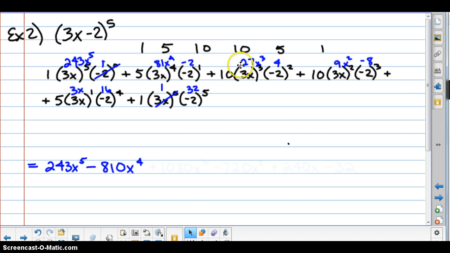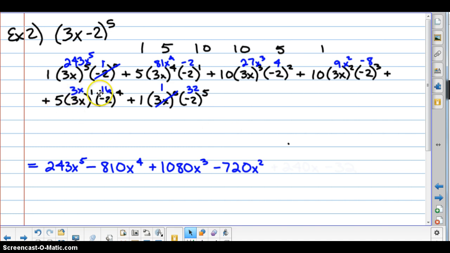Next, 10 times 27 times 4 will give me 1080x cubed. Next, 10 times 9 times negative 8 gives me negative 720x squared.